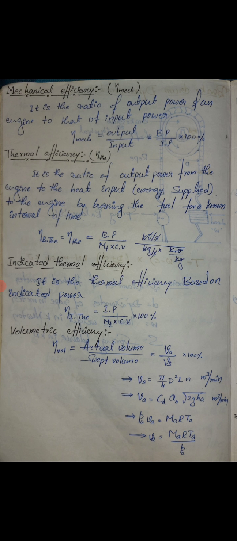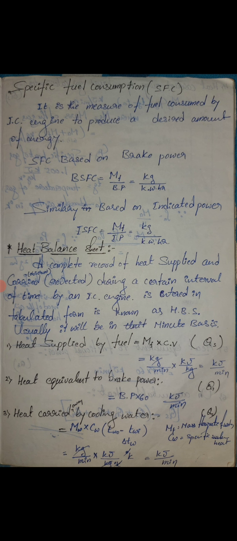Swept volume is given by pi by 4 d square L into N, and actual volume is given by Cd A naught under root 2gH_a, where Cd is the coefficient of discharge and A naught is the area of the orifice meter. The diameter of the orifice meter will be given, so you are supposed to calculate the area of the orifice meter. After knowing VA and VS, we are going to calculate the volumetric efficiency.